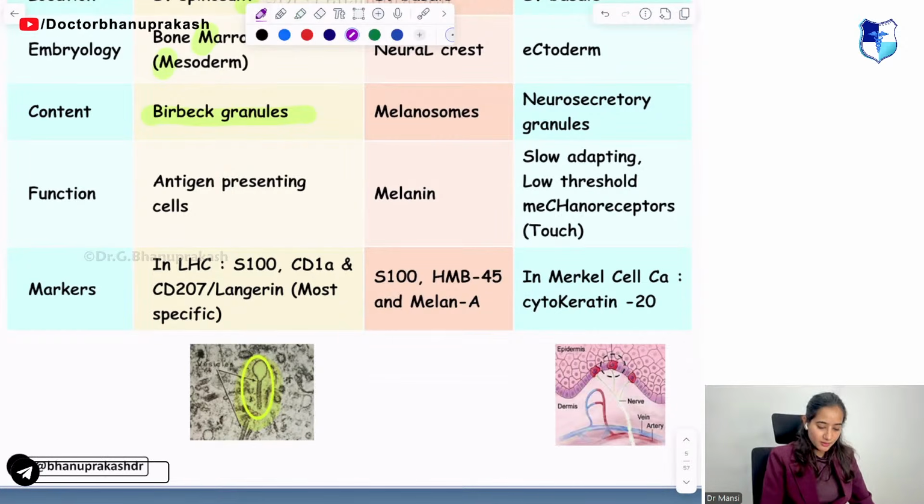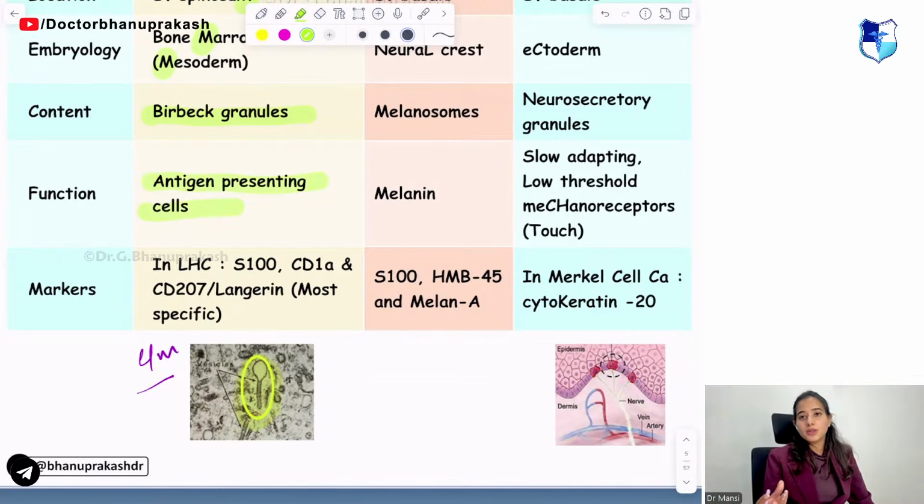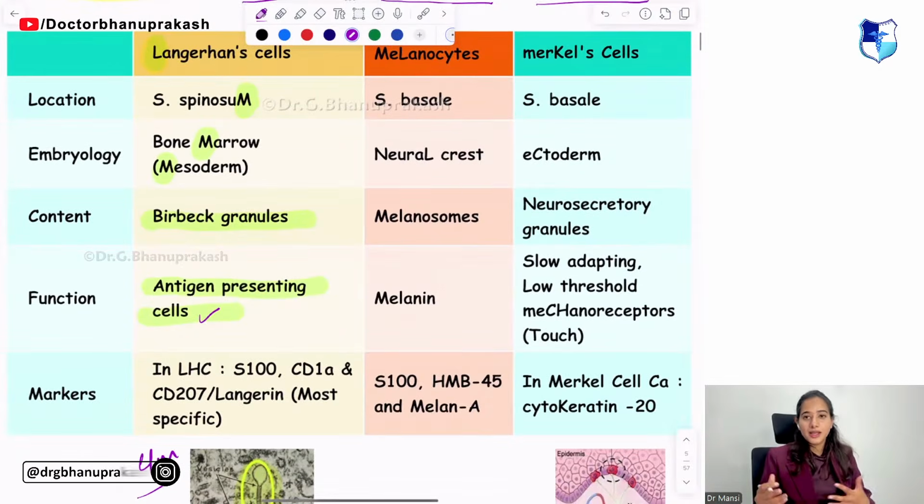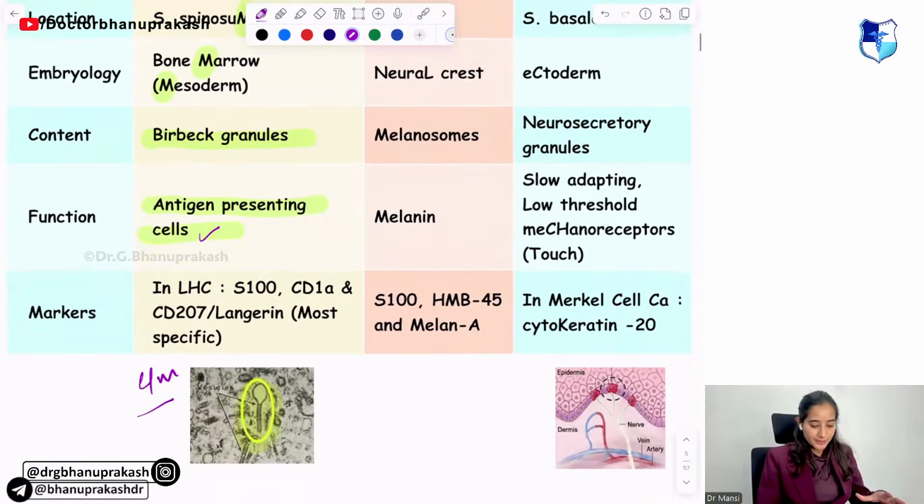This is one additional point. What is important is that these are antigen presenting cells. Whenever any antigen or infection comes from outside, it is given to the APCs, the antigen presenting cells, and then your immune response follows. This is the function of Langerhans cells. They help you have this immunity.